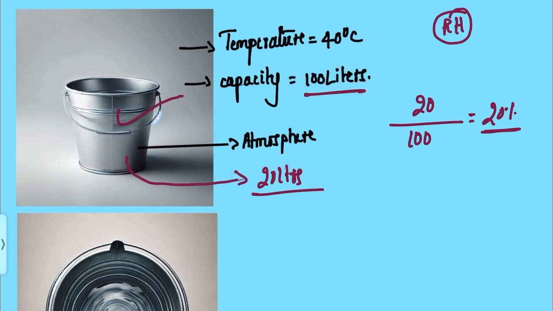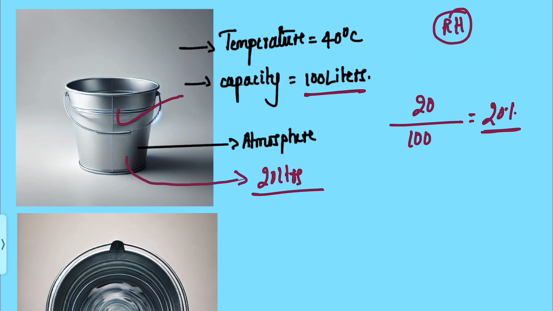So there is 20% water in this atmosphere. Meaning, what is the amount of water present in the atmosphere compared to the total carrying capacity of that atmosphere? And it is expressed in percentage. And this is relative humidity.